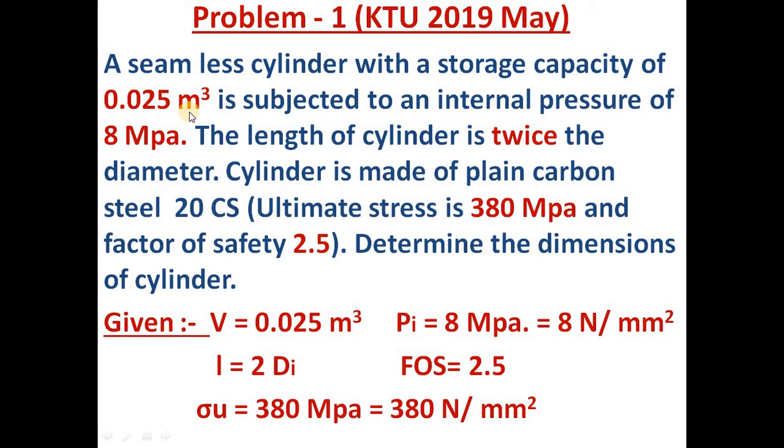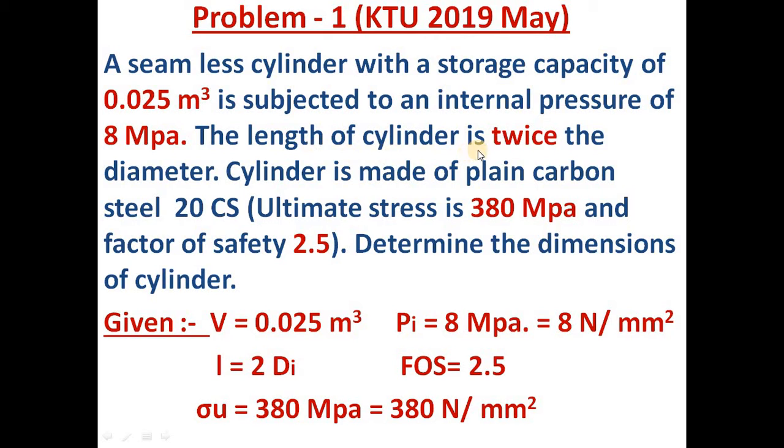That means the volume of the cylinder is given. It is subjected to an internal pressure of 8 megapascal. Internal pressure Pi is given. 8 megapascal means 8 Newton per mm square.